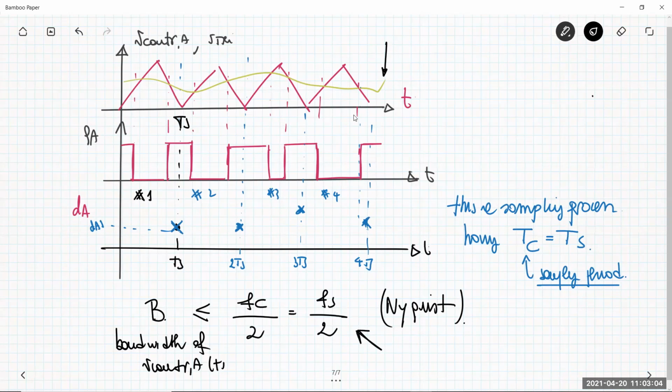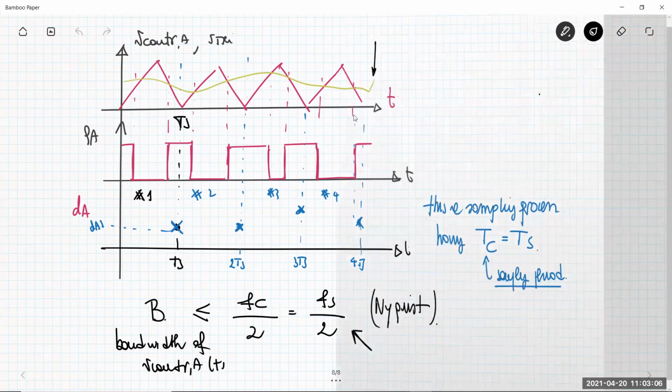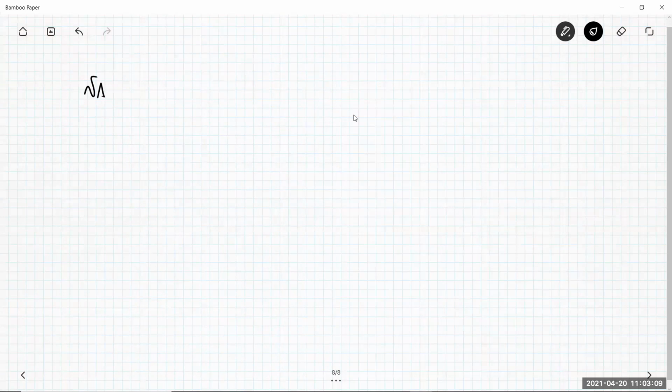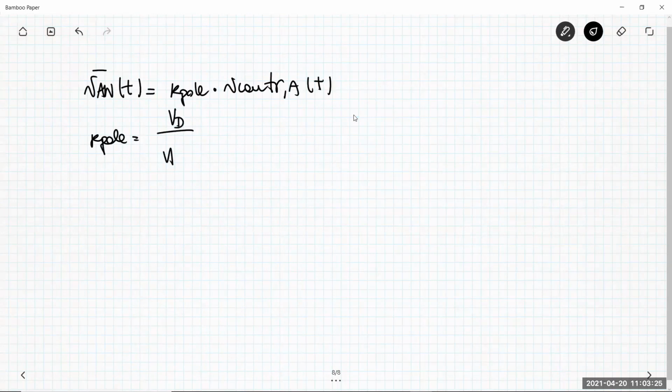Okay, so if this process is correct, it means that you have a circuit in which the voltage VIN is K pole multiplied by the control voltage. And K pole, remember, is VD over.